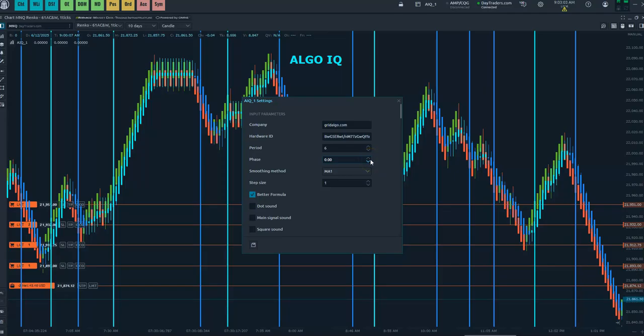Like time window, time of day, profit target on the day, max loss on the day, all that stuff's part of the automated system in version 2, plus a tweak to the trail stop mechanism from an idea I got in email. I'm like, oh yeah, that makes sense. Let's do that.